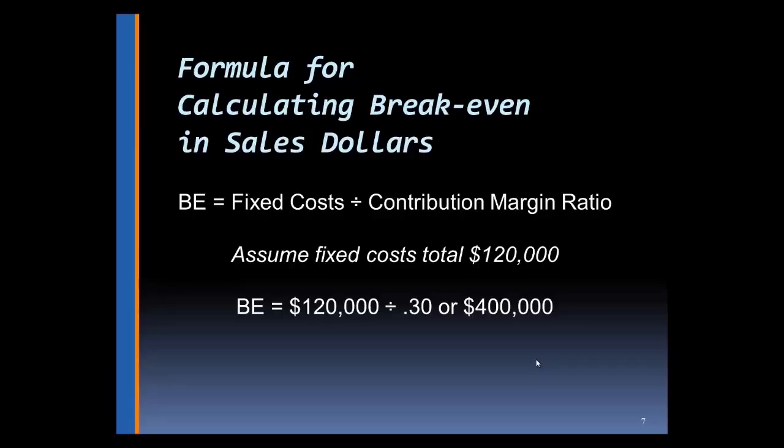Or we can use the contribution margin ratio. In using the contribution margin ratio, we take the fixed costs and divide them by 30%, and again, you will arrive at $400,000. So there are two ways to calculate the break-even for sales dollars. We not only want to know the break-even in units, but we want to know what it will be in sales dollars for planning purposes.